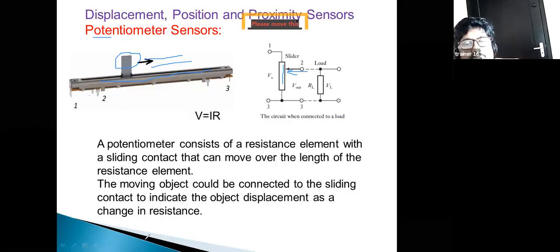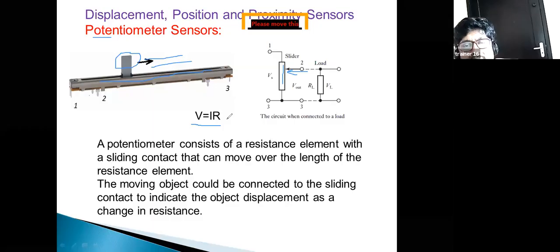So here V is equal to IR. That means voltage is equal to the product of current and resistance, right? Here the current supply is constant. Remember this point. We are changing the slider movement, thereby the resistance changes, and this in turn changes the voltage.